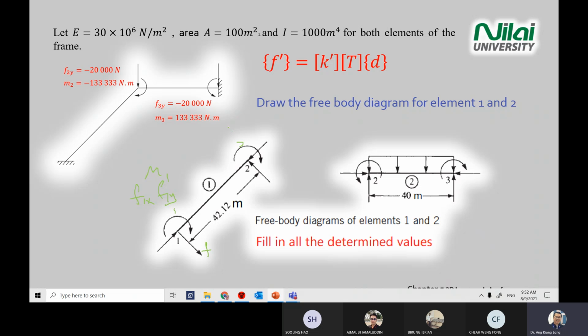Same with point number 2: F2x, F2y, and moment 2. For element 2, each point also has 3: F2x, F2y, and moment 2. Point 3 is also the same: F3x, F3y, and moment 3. So you convert this accordingly to your answer.